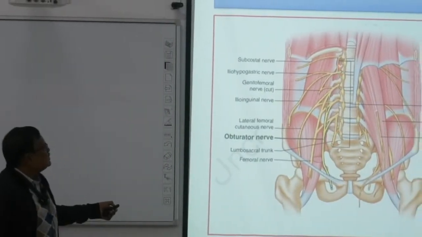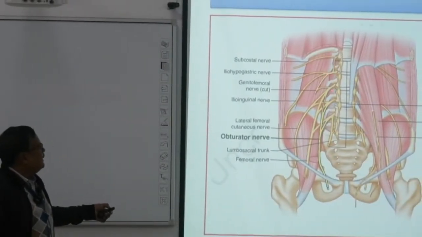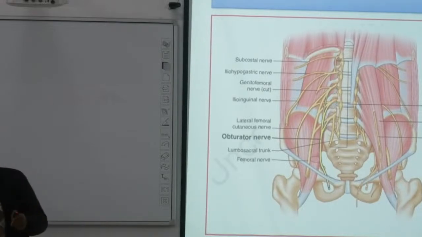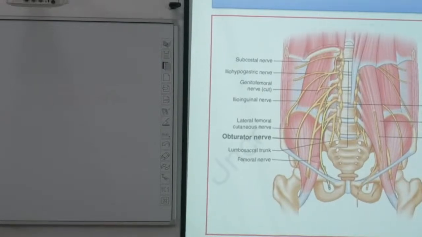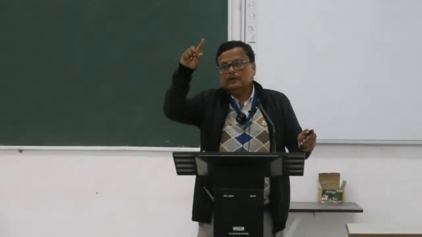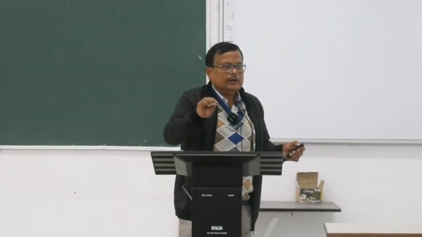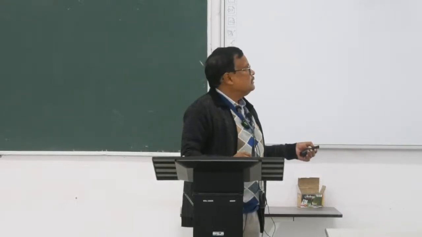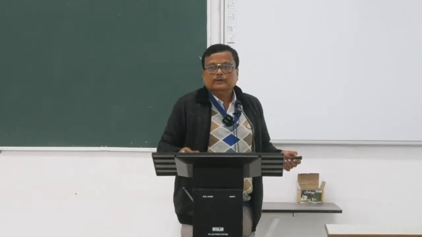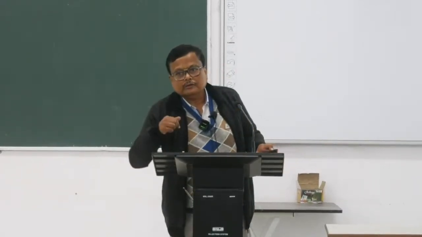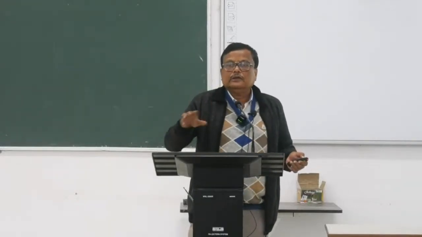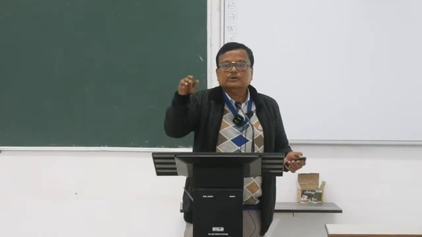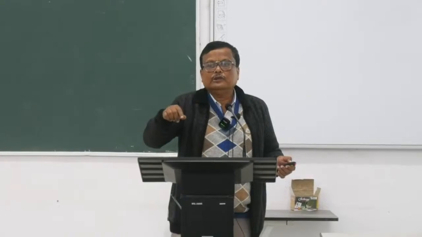Look carefully, each L1 nerve, L2 nerve divides into an anterior division and a posterior division. So each L1, L2, L3, L4 nerve divides into anterior and posterior divisions. Then the anterior division joins with the anterior divisions of L2 and L3 in this way, and the posterior division joins with the posterior divisions of L2, L3, L4, etc. In this way a plexus is formed.